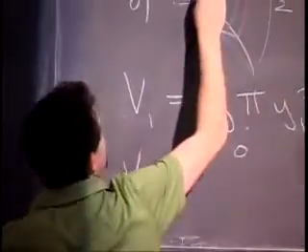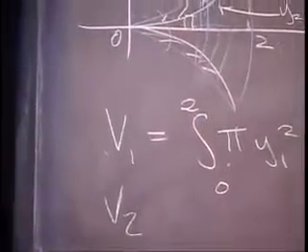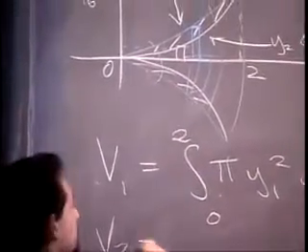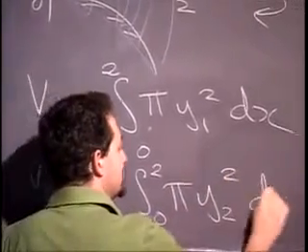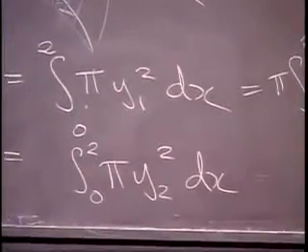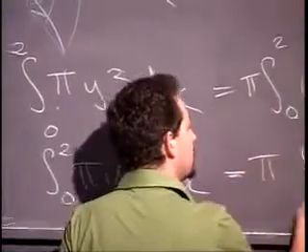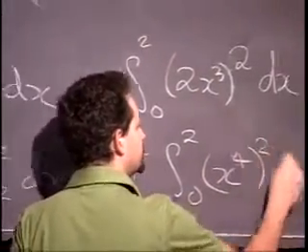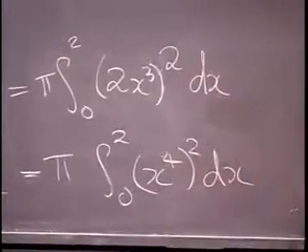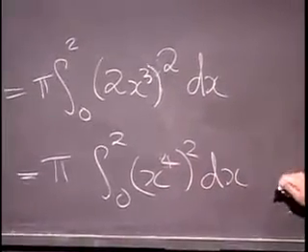Whereas for volume 2, I'll use the same method, of course. Same formula, pi y2 squared dx. In this case, y2 is x to the 4th. So that's the bit we have to chop out, because it's below.